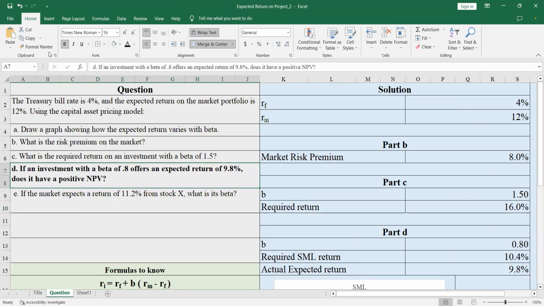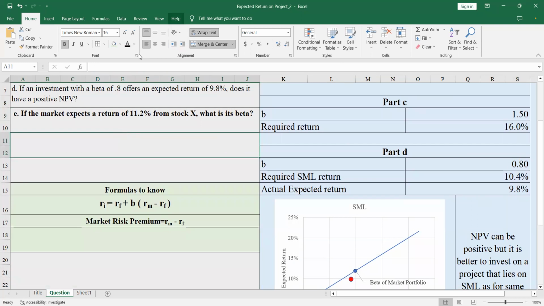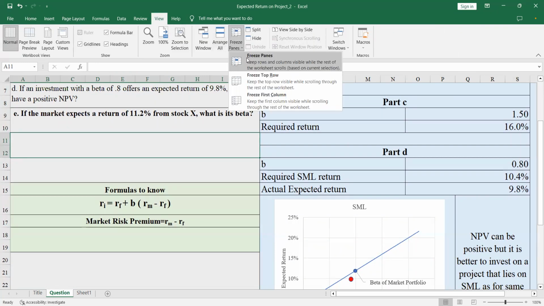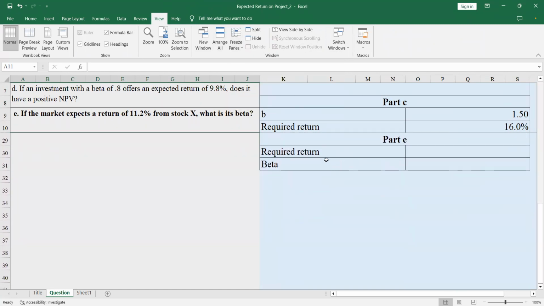Moving towards the last part, E, of this question, I'm going to freeze my panes so that you can view the question as I'm doing it. In part E, we are given that the market expects a return of 11.2% from a stock X. What is its beta?